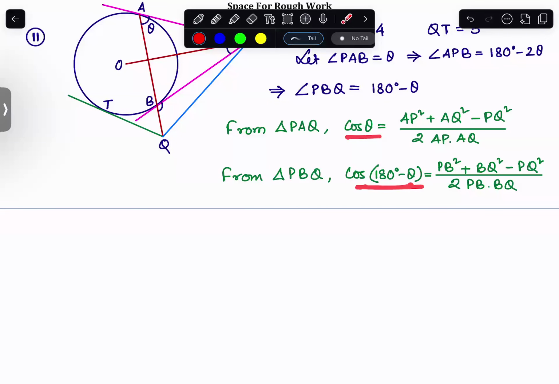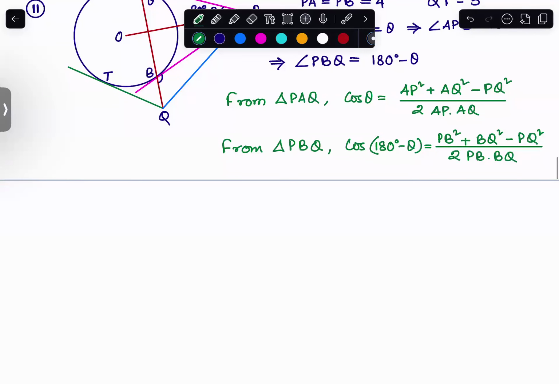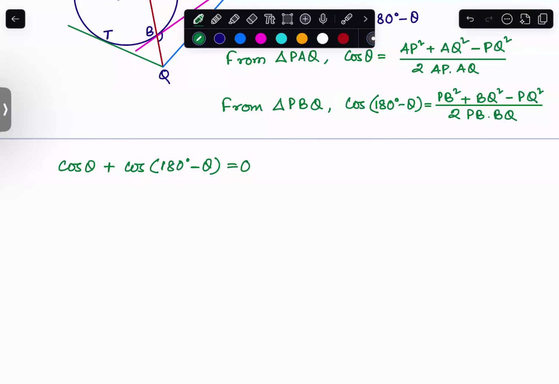Now, any connection between these two? Cos theta and cos 180 degree minus theta? The cos theta is negative of cos 180 minus theta. Very good. So we can go for cos theta plus cos 180 degree minus theta is 0, right?